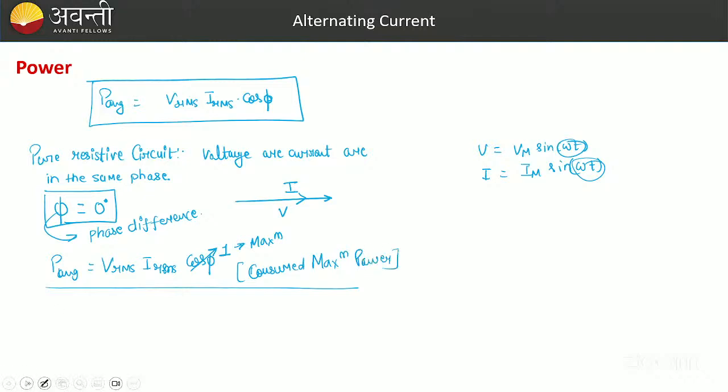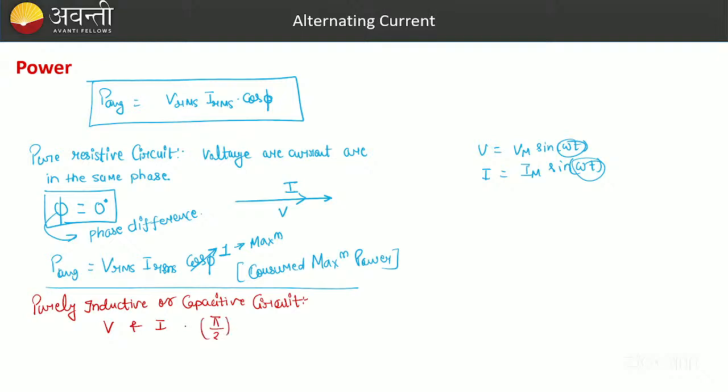Okay. While at the same time, if we talk about a purely inductive or capacitive circuit, we know that the phase difference between voltage and current is pi by 2.